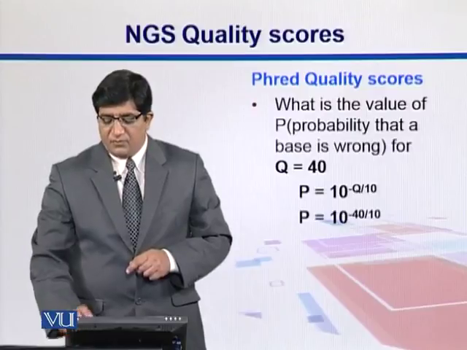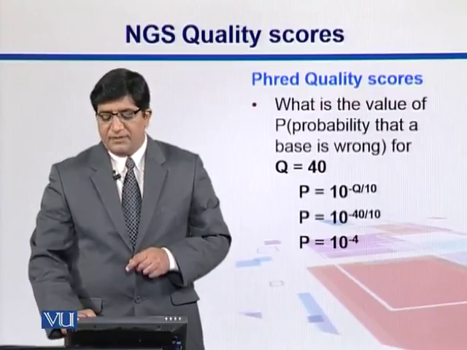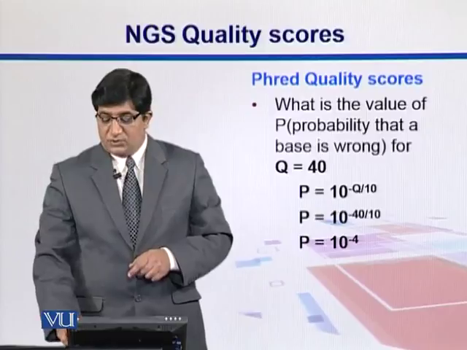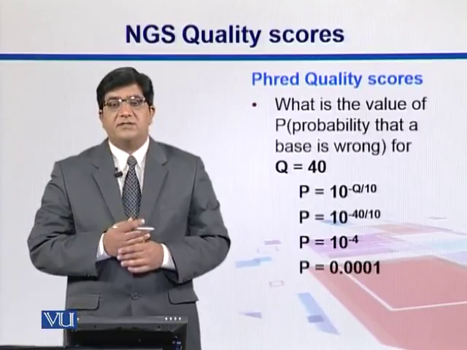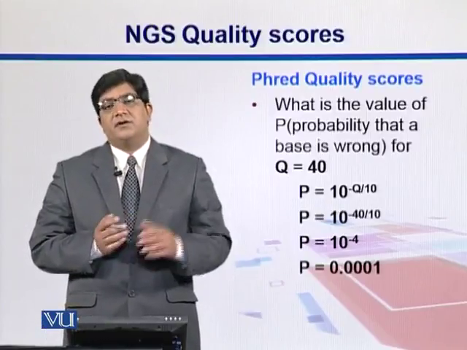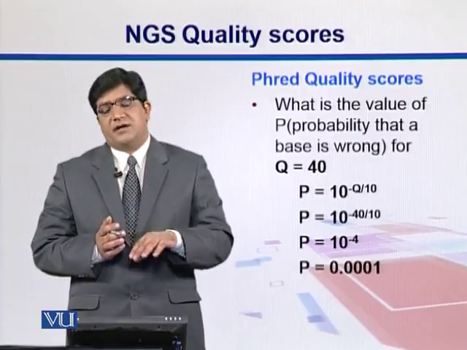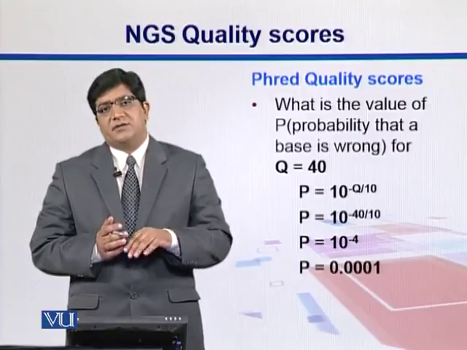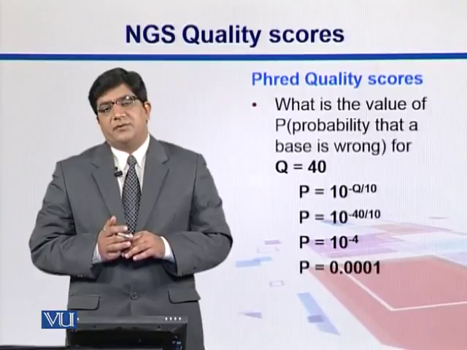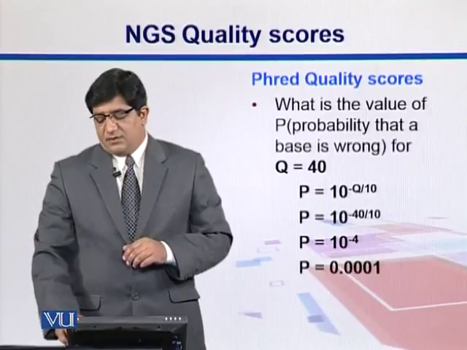We put Q40 in it and we get P equal to 10 to the power minus 4. So a Q score of 40 means the probability is 1 out of 10,000 that the base is wrong.